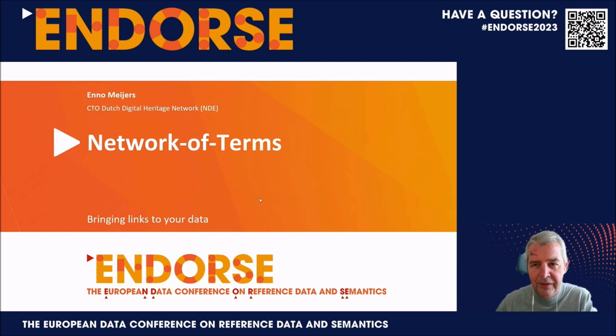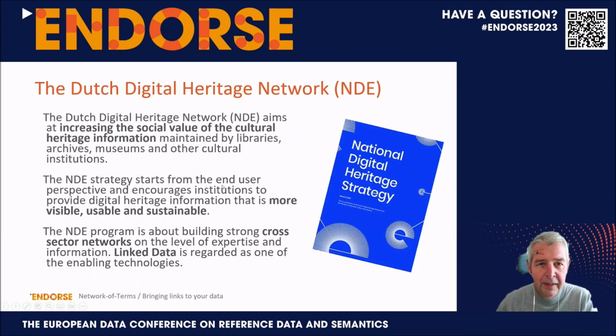But before I go into the details of the network of terms, I will start with a small introduction about the Dutch Digital Heritage Network. It's really a cooperation between all the different heritage institutions in the Netherlands, and it's a national program aimed to improve the visibility of digital heritage information in the Netherlands by making the information more visible, more usable, and more sustainable.